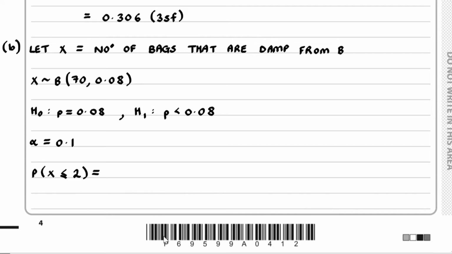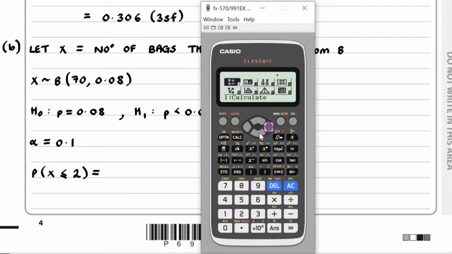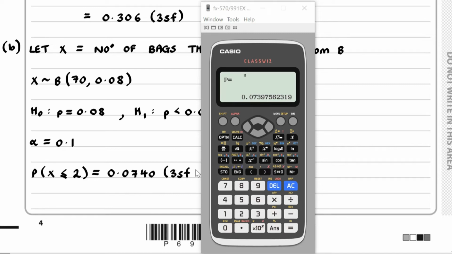So if we work this out, from our calculator, if we go to the distribution submenu and then binomial CD, variable x is 2, n is 70, p is 0.08, and therefore the probability that x is less than or equal to 2 is equal to 0.0740, and this is given to 3 significant figures.